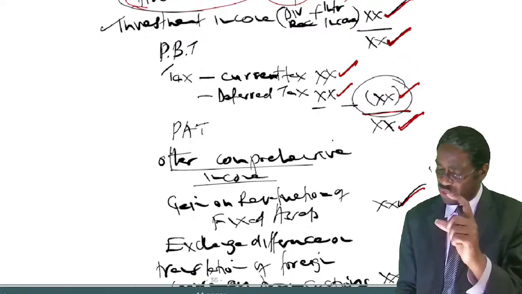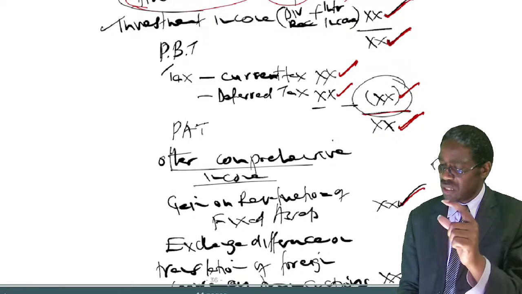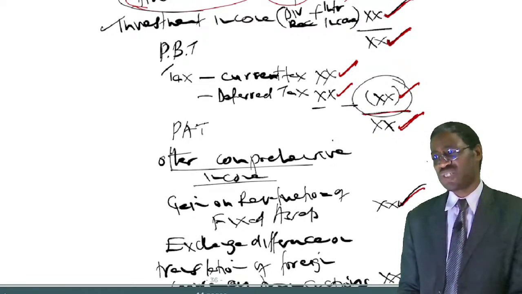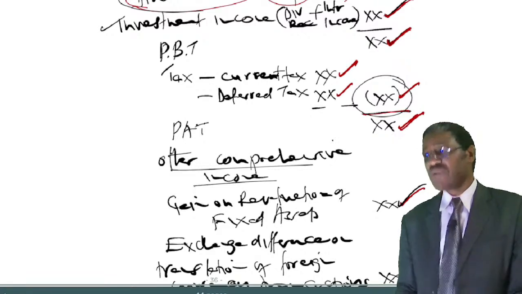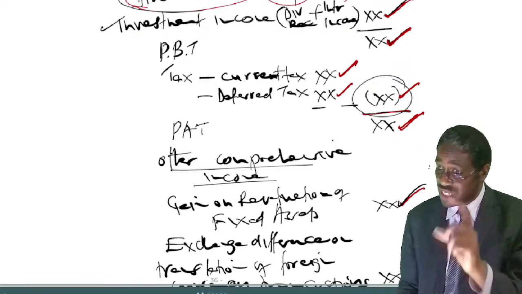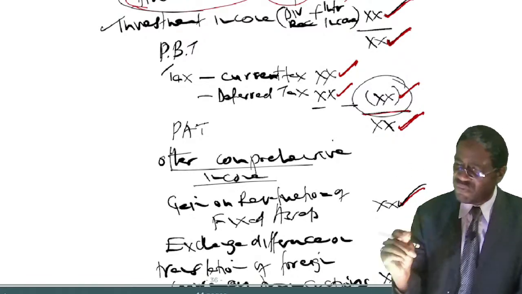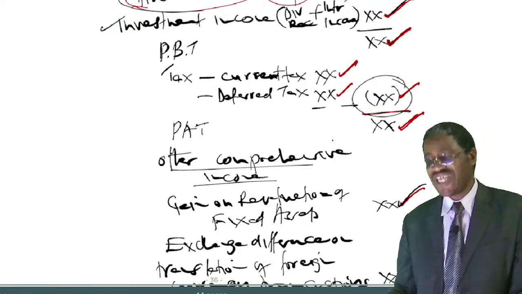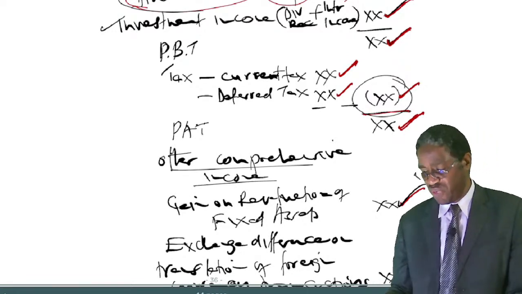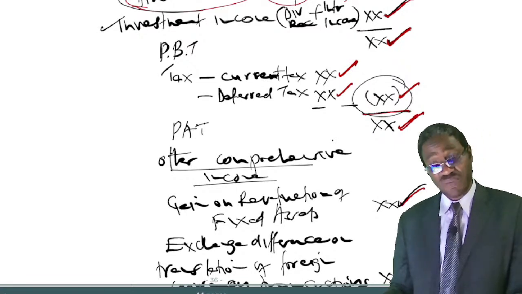I hope you remember. Listen, we said when it comes to the income statement for publication purposes, once you get the profit after tax, you don't do the appropriations in the income statement.